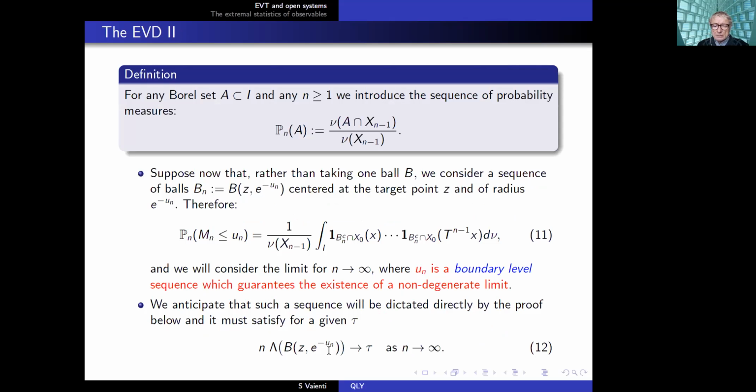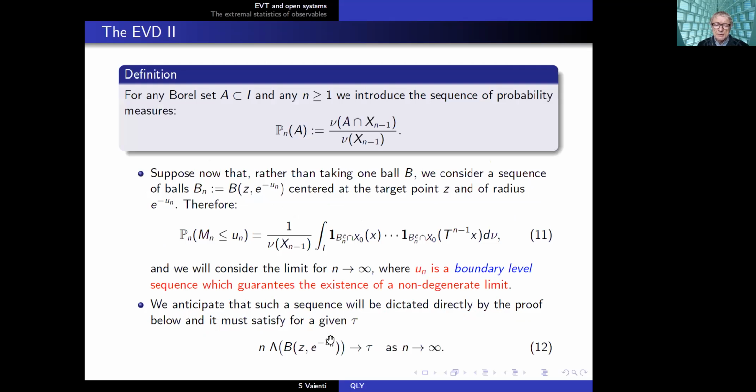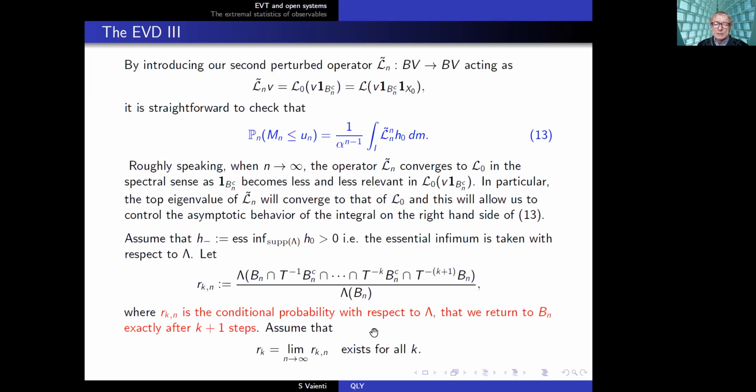So now I choose this radius of the ball as a function of n. For this reason, I index this operator with n. And I will show you in a moment how the prescription which I give you here comes naturally when we look at the perturbation of this operator.